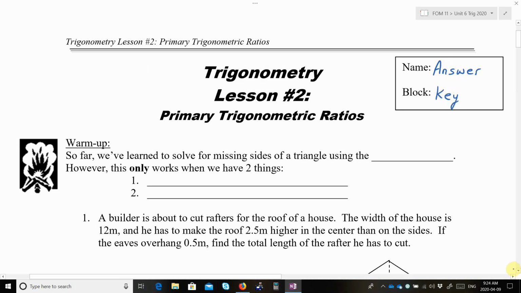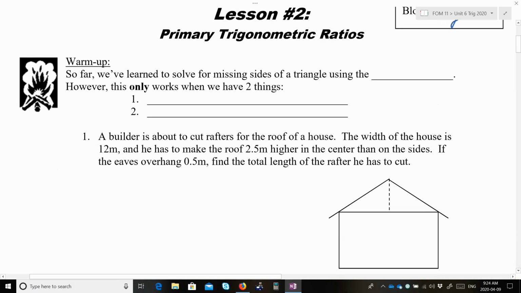So first we'll do a warm-up. So far we have learned to solve for missing sides of a triangle using the Pythagorean theorem. However, this only works when we have two things: a right, or 90-degree triangle.